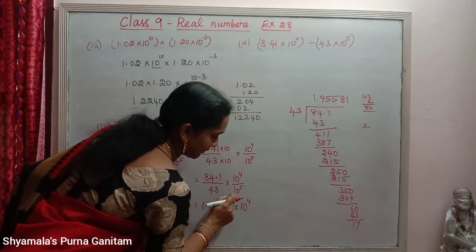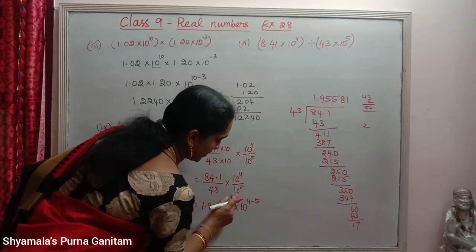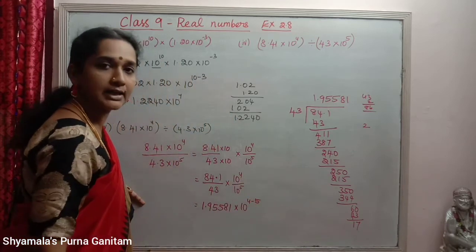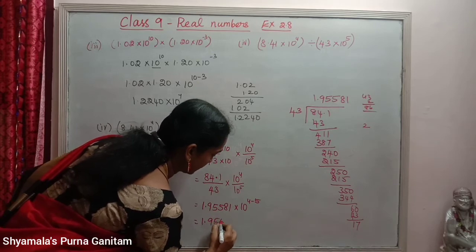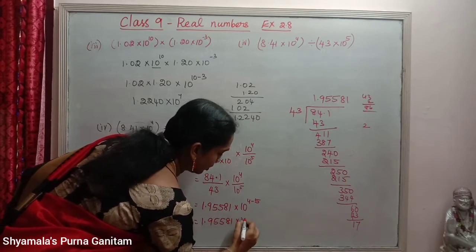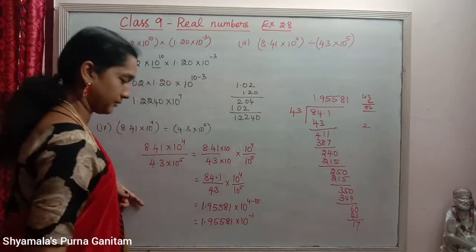Since it is divided by 10 power 5, when we bring it to the numerator it will be minus 5. So the answer is 1.95581 into 10 power minus 1.